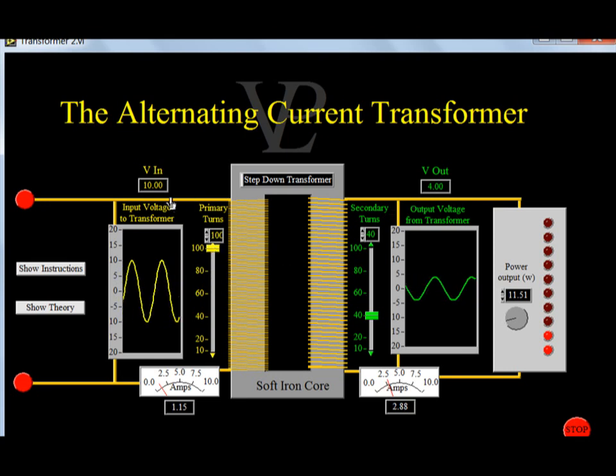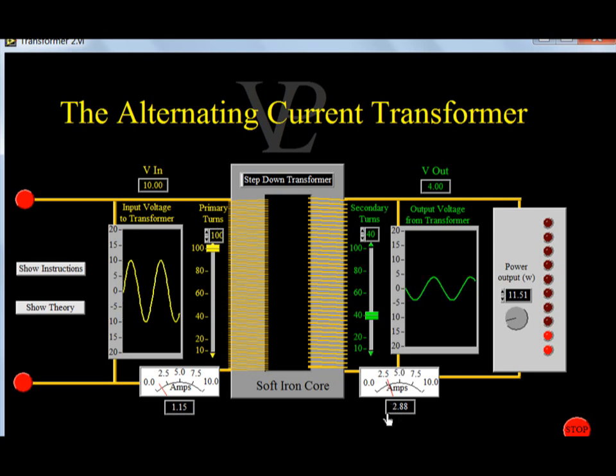You see what happens now? V input over V output is 10 over 4, which is equal to the primary turns, 100, over the secondary turns, 40. So you can see that this ratio 10 over 4 is equal to 100 over 40. And make yourself see that the ratio of output current to input current will be equal to 10 over 4.